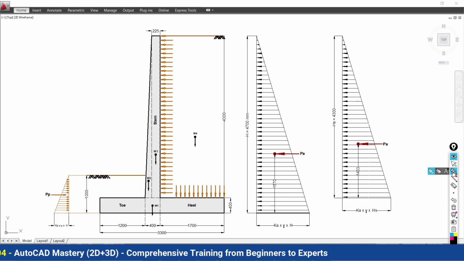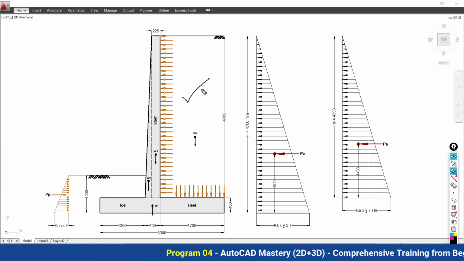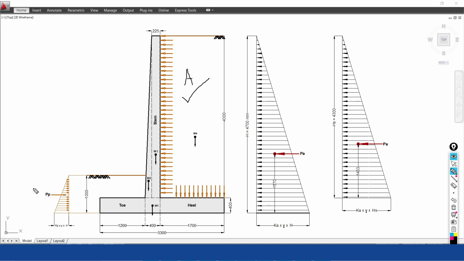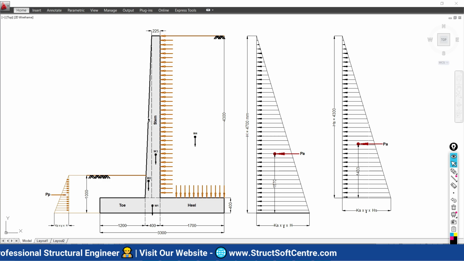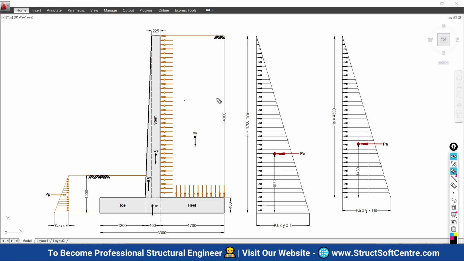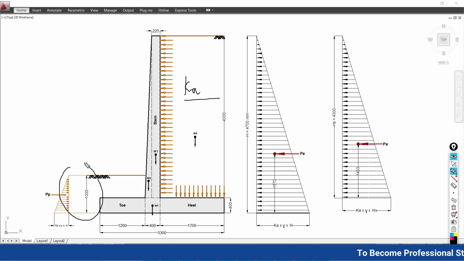The pressure which is exerted on your retaining wall from this side of the soil mass is called active pressure, or you can say active force, and the pressure exerted from this side is called passive pressure, passive force. The pressure coefficient from the active side we are going to represent by Ka, and the pressure coefficient from this side by Kp.